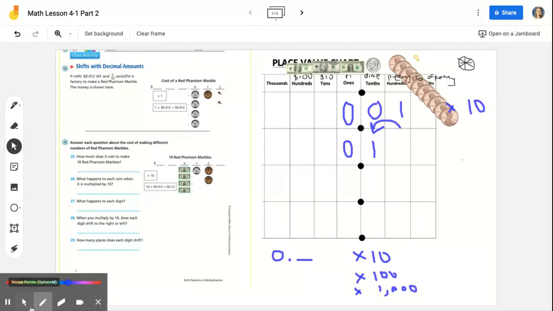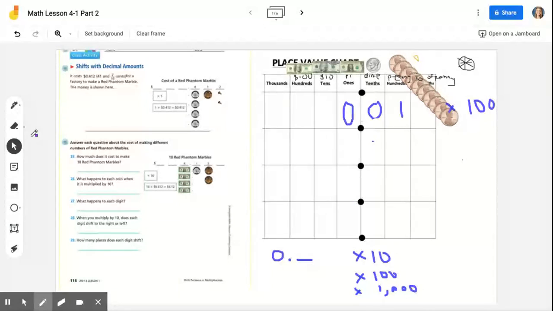Let's erase the second line with me, but keep that first line there. 100th. Let's talk about what if we multiply 100th by 100? How much does that give us in terms of currency? Well, 1 penny times 100 gives us how many pennies? 100 pennies.